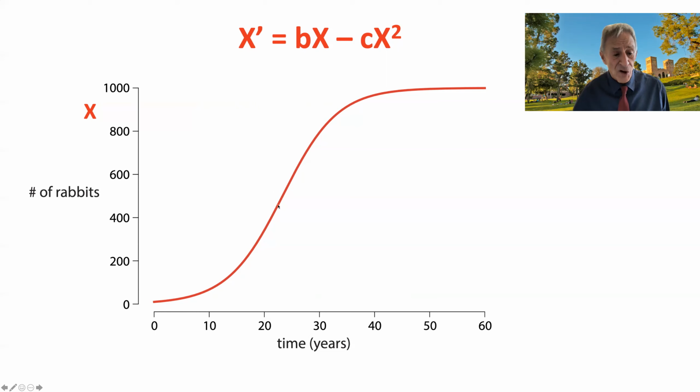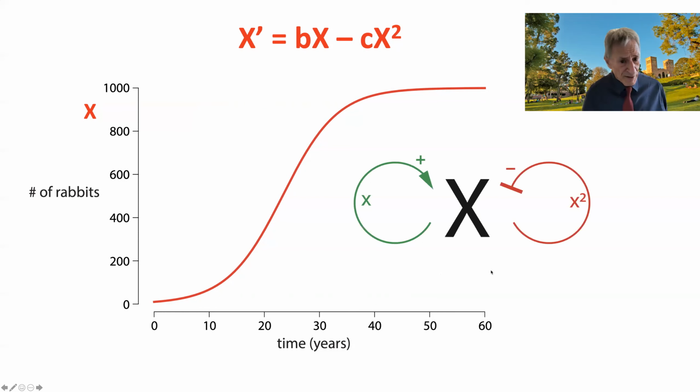But as x gets larger, it begins to assert itself and limit the growth until it saturates at the carrying capacity of the model. So basically, what we have here is the green positive feedback dominates the early part of the growth, and the red negative feedback dominates the late part of the growth until it saturates.